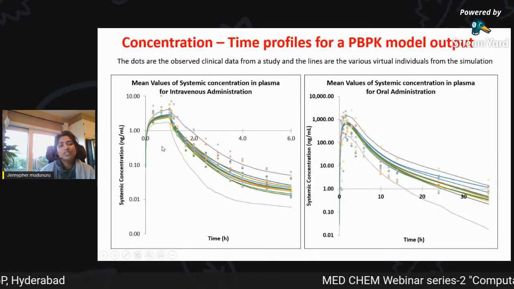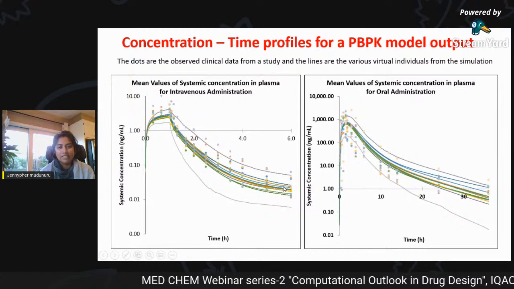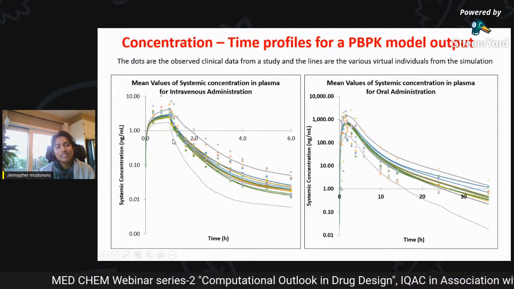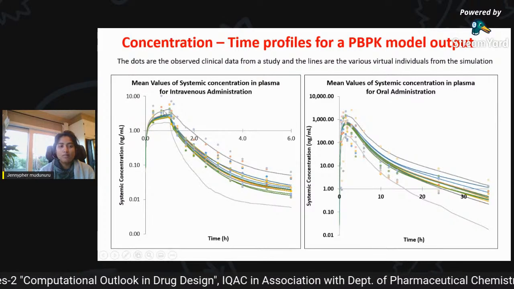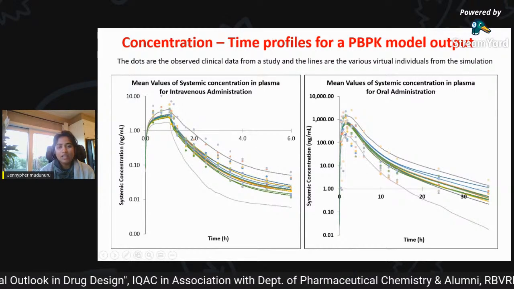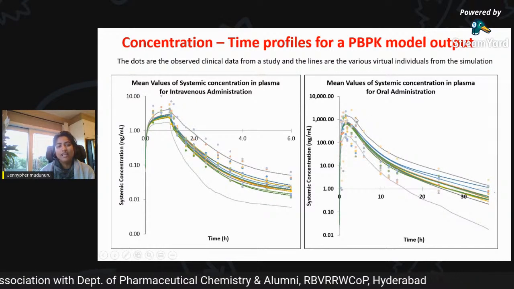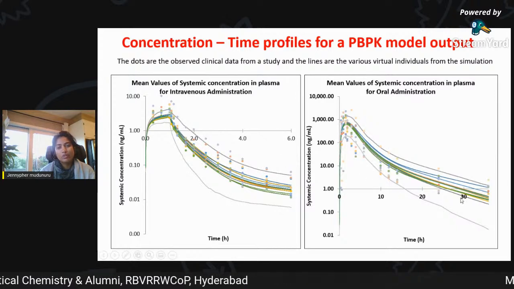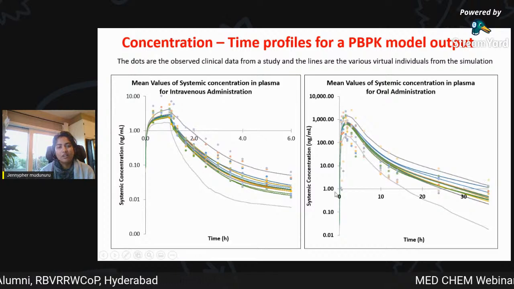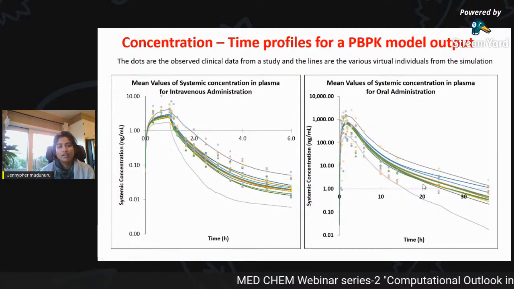If you're missing a portion, then we go about optimizing it so that we can recover this IV data, because this is true data. Once your model predicts this data, you can go ahead and predict the oral administration. And like you can see, once it predicts this, it will predict the other doses and other routes of administration if your model is built robustly enough.